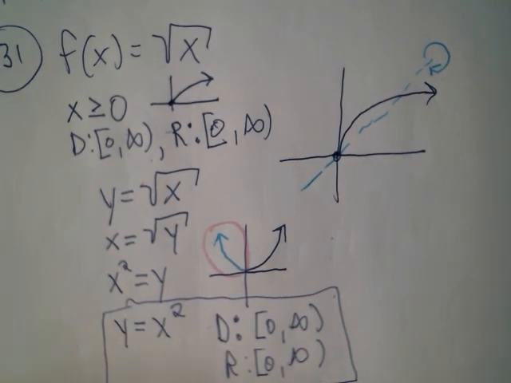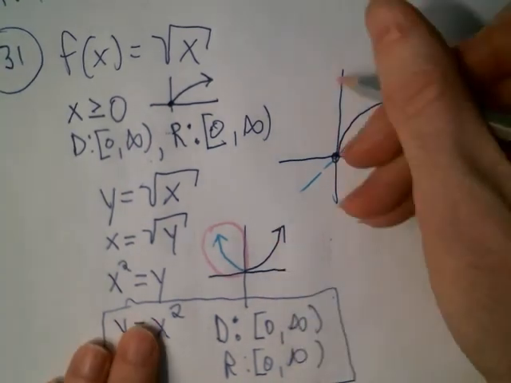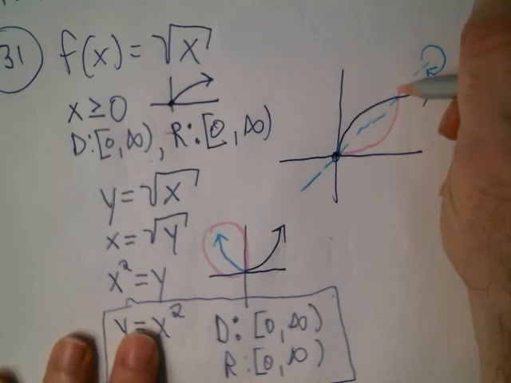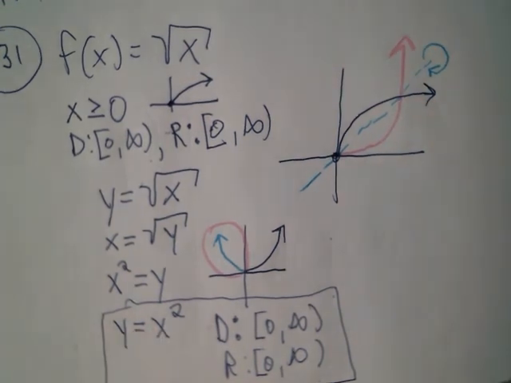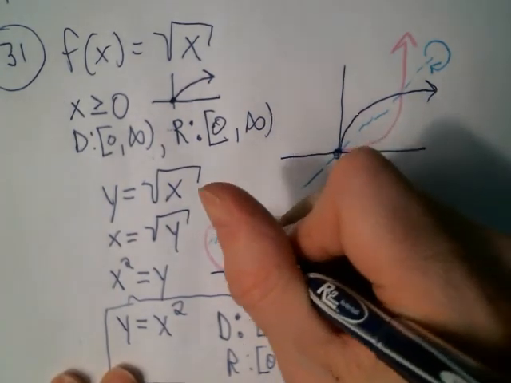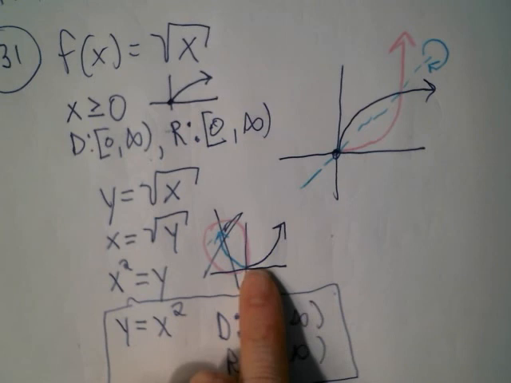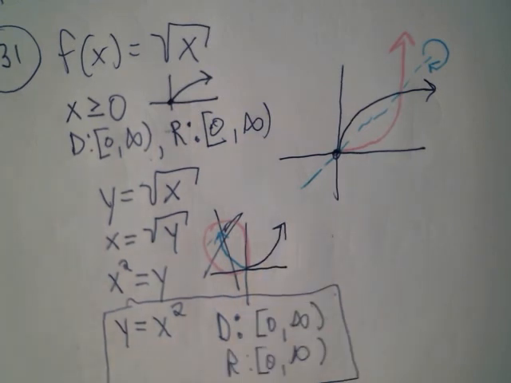The resulting rotation is just this curve right here, right? So there's my rotated version, and we exclude this portion, and all we have is this arm of the parabola. Okay. So I'll leave it at that.